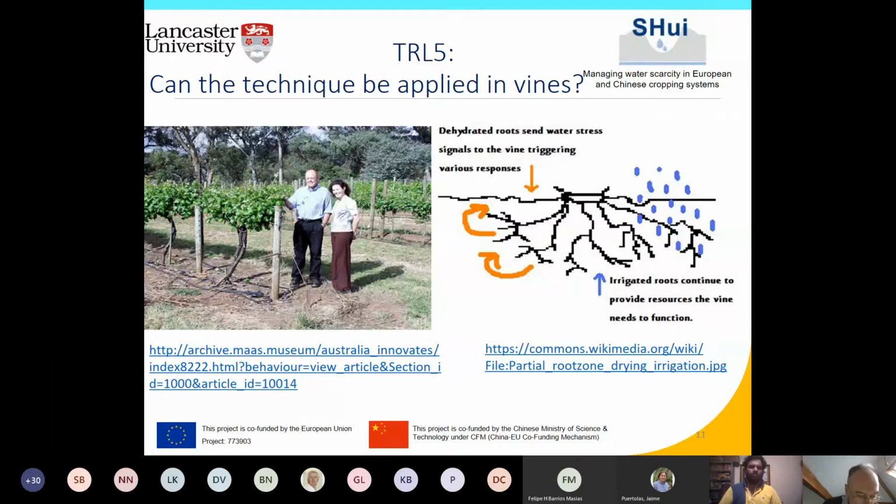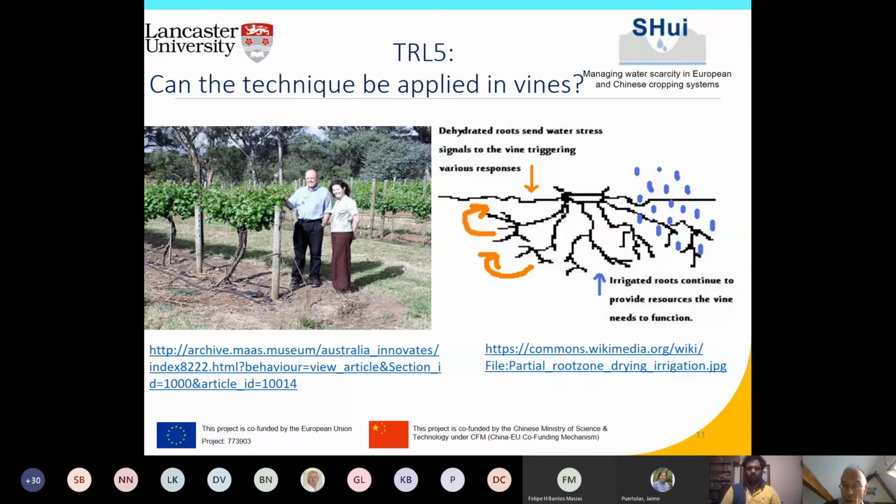And in fact, this is an image I've taken from the Powerhouse Museum archives, Powerhouse Museum being a well-known museum in Sydney. So here, what it has done is tried to capture various innovations that have been applied within Australian agriculture, and this is one of them.